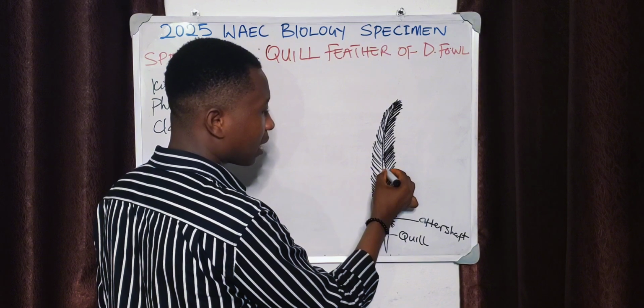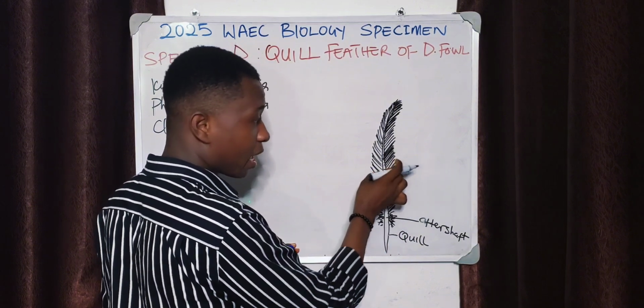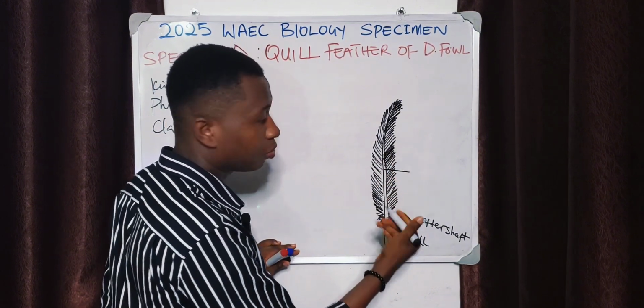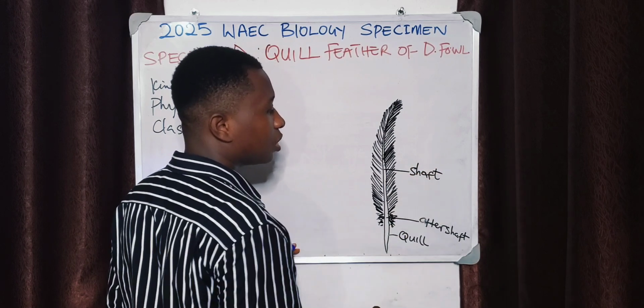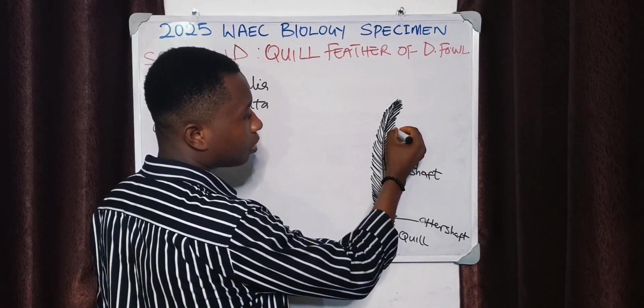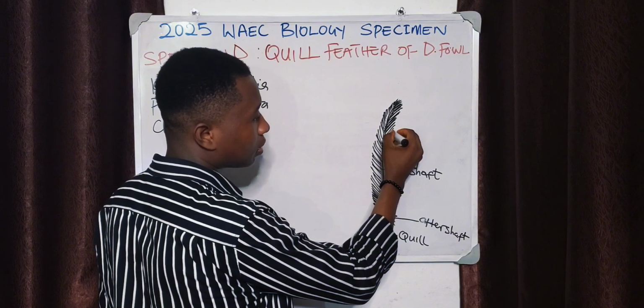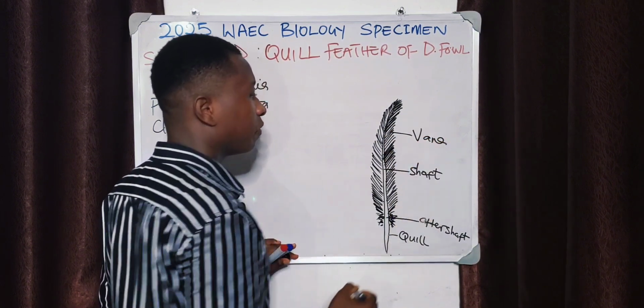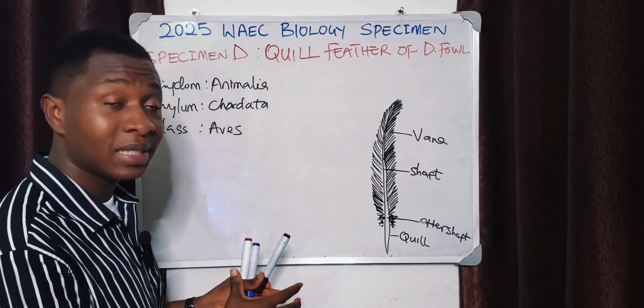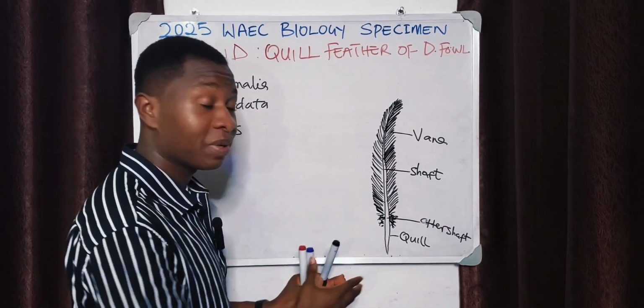Then this part where the arranged ones are attached to is called the shaft. And then this part is called the vein. So this is the basic labeling for this particular specimen.